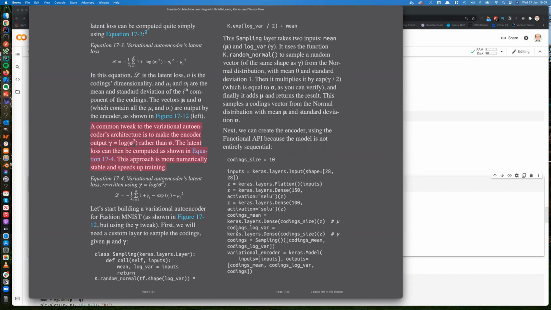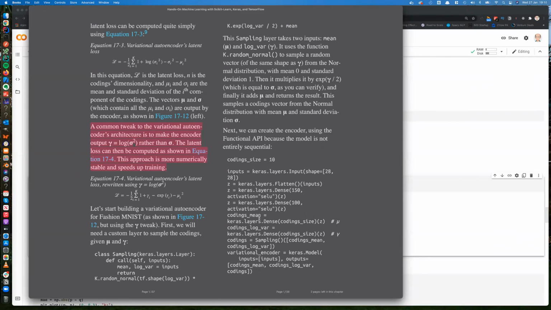And we have another layer, the codings log variance, which is another dense layer of coding size, which again takes as input the output of that. Then we sample these two layers, the mean layer and the codings log variance. And then finally, the encoder's inputs are the inputs and the outputs are the three things: the codings mean, the codings log variance, and the codings.